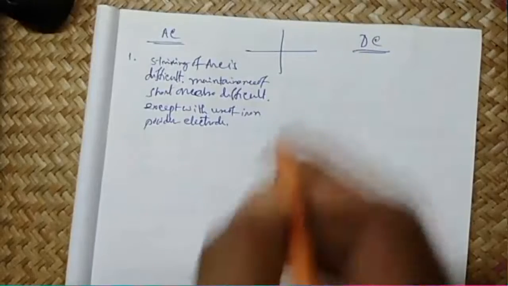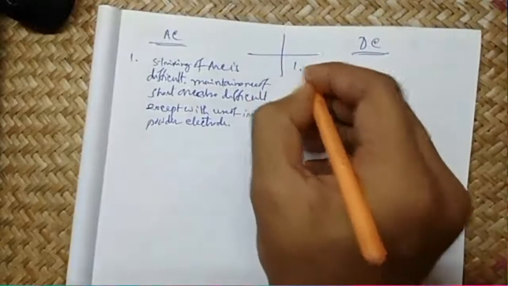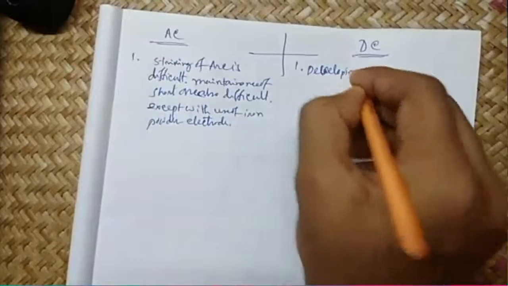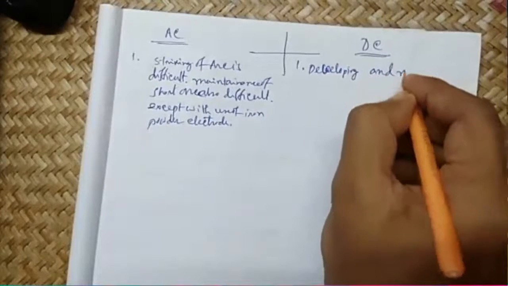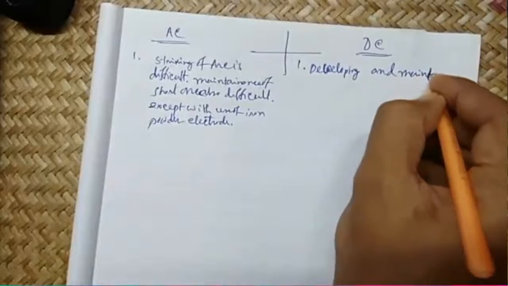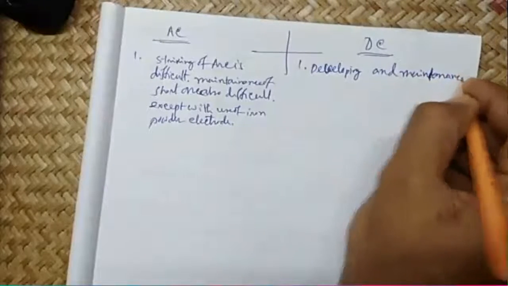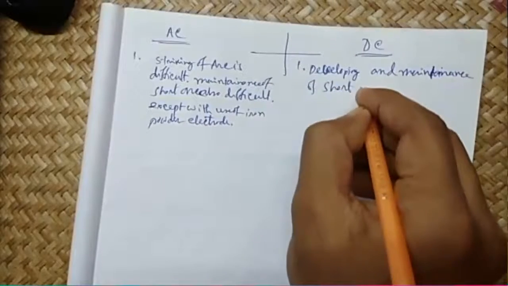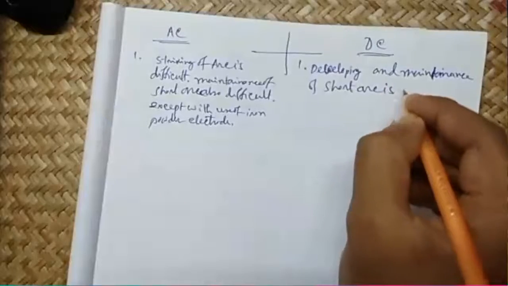Now in DC, developing and maintenance of a short arc is easier than AC.